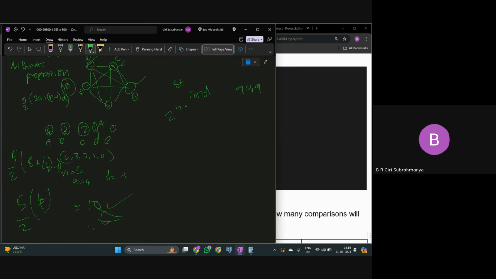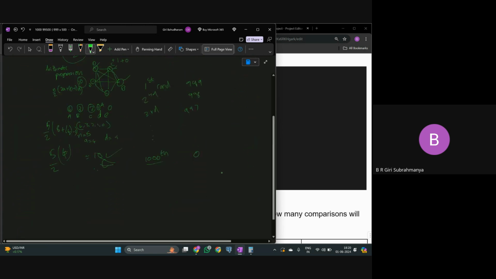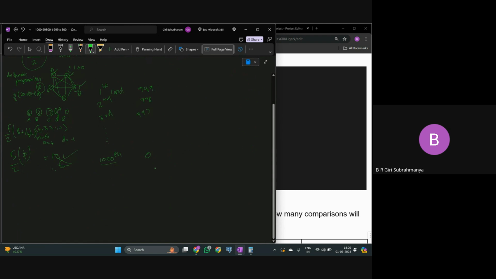And for the second card, you have to connect it to 998. Third card, it is 997. Now for the 1000th card, to how many other cards should you connect? 0, sir. 0, right? Because for the first 999, everything is connected to 1000. So you need not connect this to anything else, right? So overall, the sequence is from 999, 998 all the way up to 0.